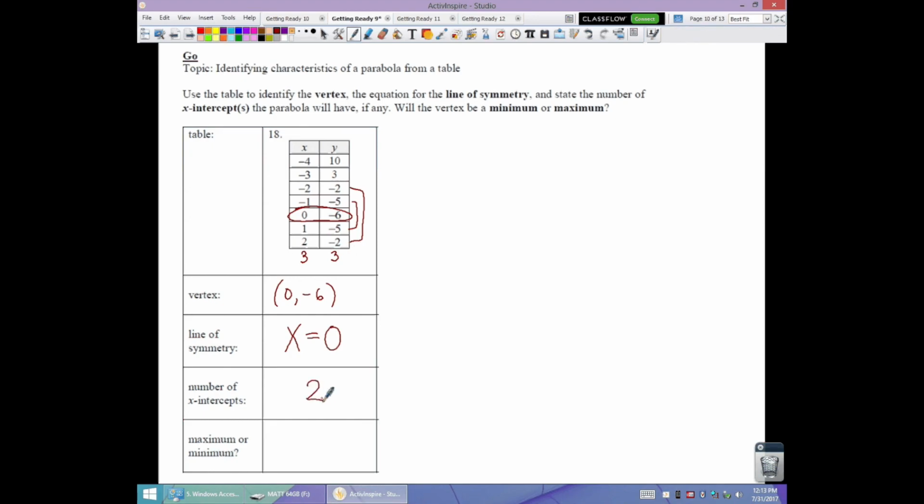I do have 2 x-intercepts. Again, that's happening because if your vertex is at 0, -6, and I know it's going open up, it's got to hit 2 places. I don't know where it hits, but it's got to hit twice. And again, this is a parabola that's open up, so it would definitely have a minimum.